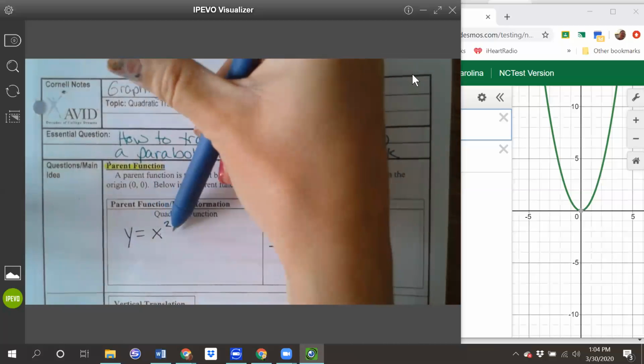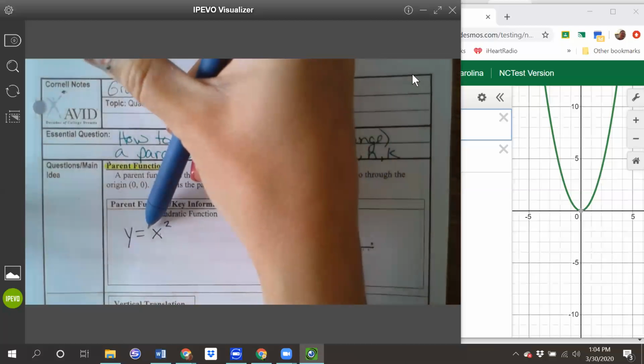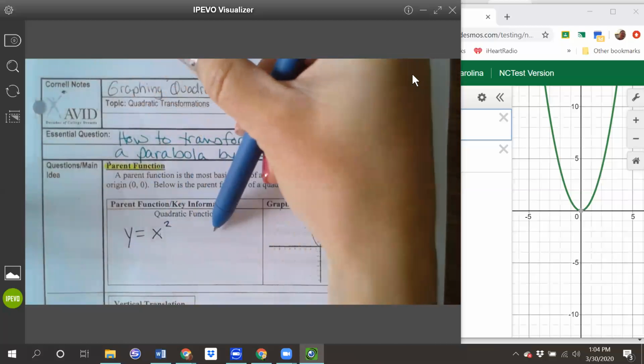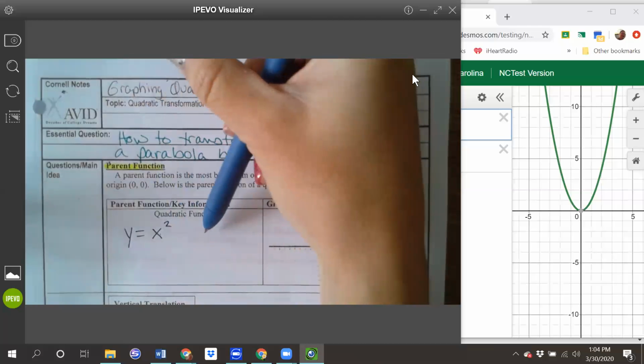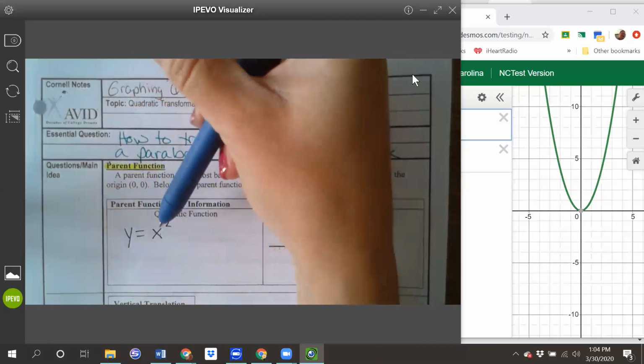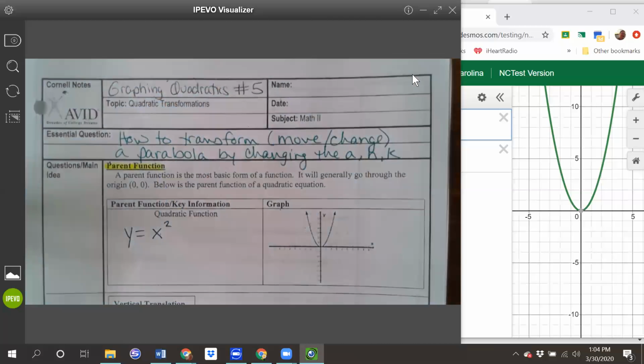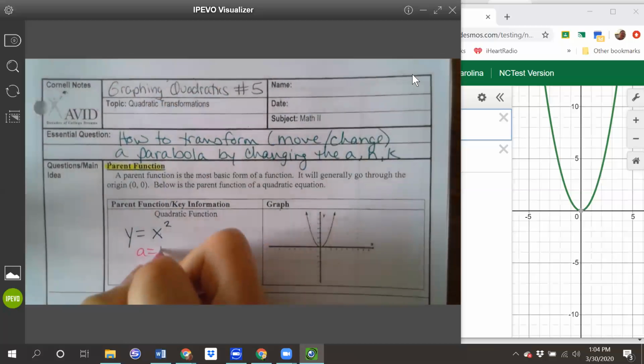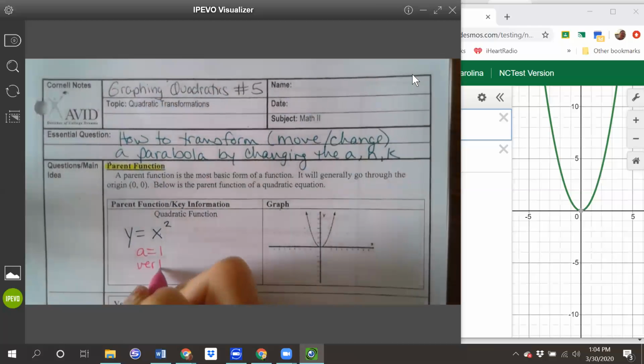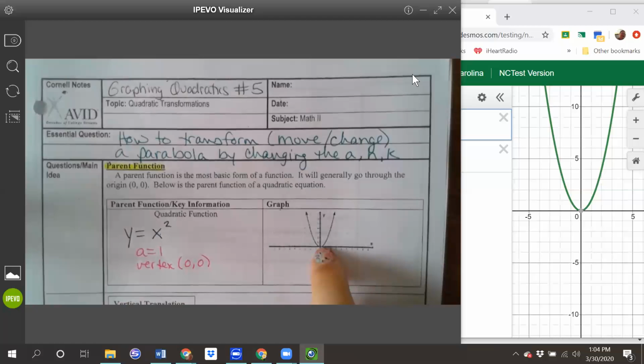There's an a, it's 1, but b is 0, c is 0, there's no h, there's no k. This is the most basic that you can possibly graph. So a is 1, and the vertex is located right here at the origin, (0, 0).